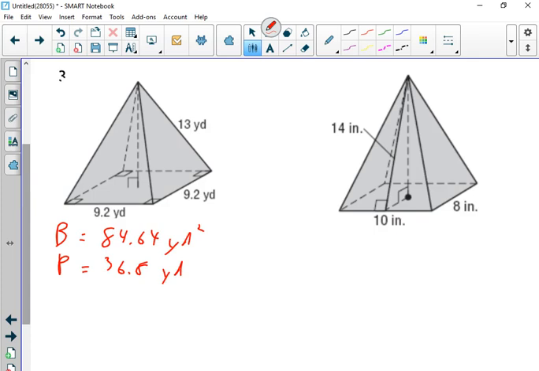Now, this time, we're going to have to do our Pythagorean theorem twice. Because first, we're going to have to find the slant height, which we're going to need for our lateral area and our surface area.